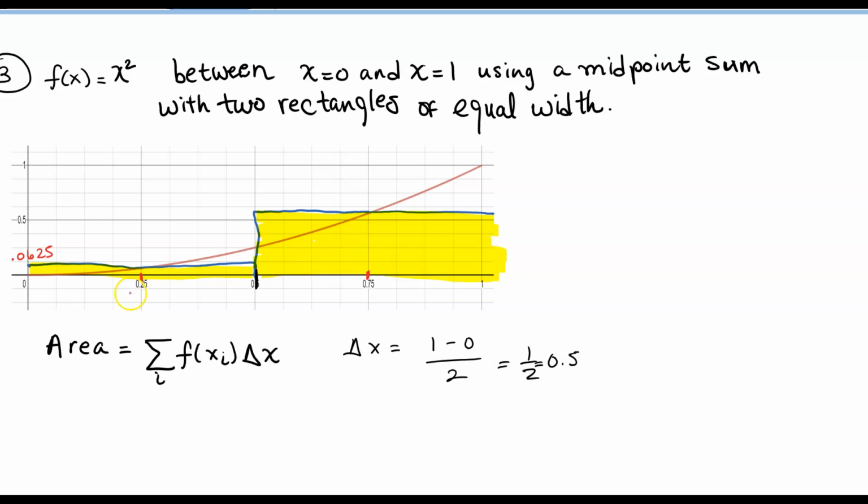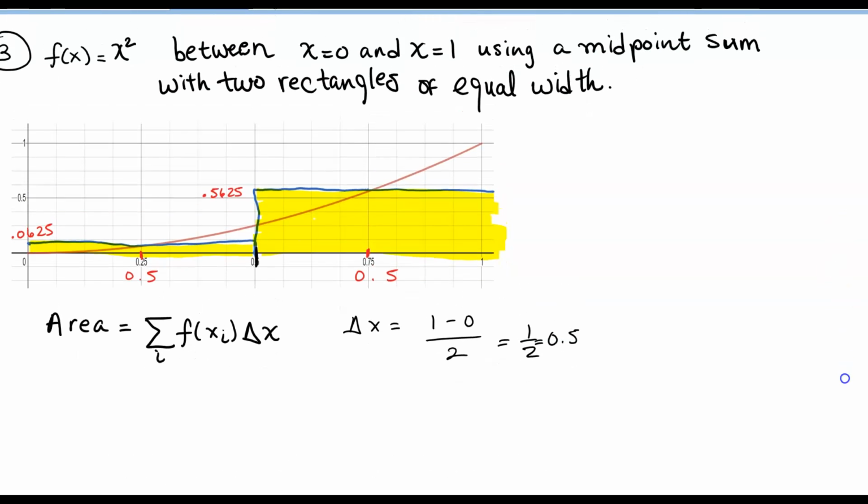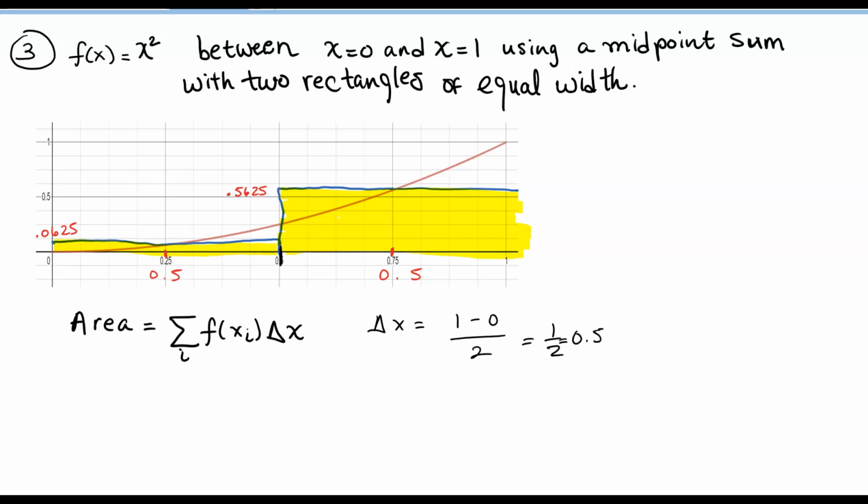The width of this is going to be half a unit, and this is also going to be half a unit, but the height here is going to be 0.75 squared, which is 0.5625.